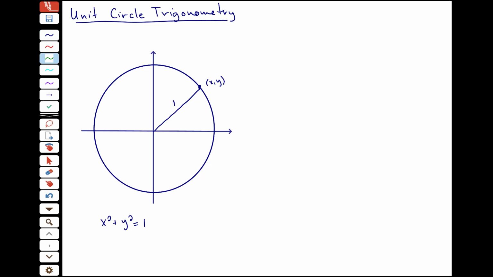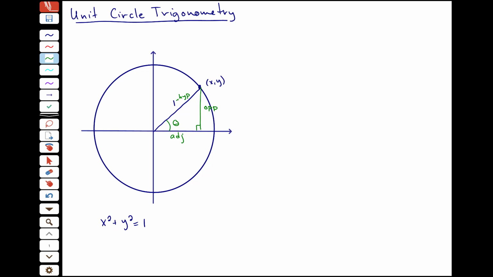Okay, now what we've talked about in terms of trigonometry is if I take an angle and I construct a right triangle, for example, this right triangle here, then I can define sine, cosine, etc. of this angle in terms of the opposite side of the triangle, the adjacent side of the triangle, and the hypotenuse.